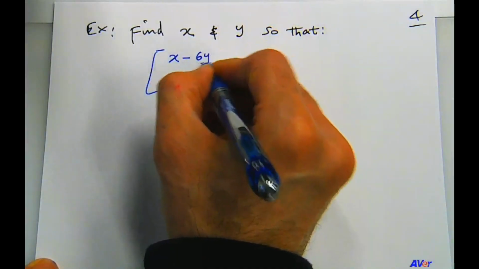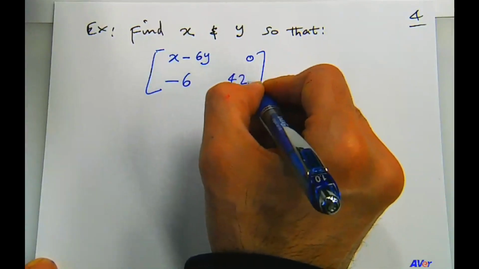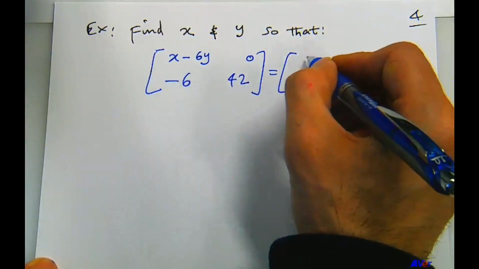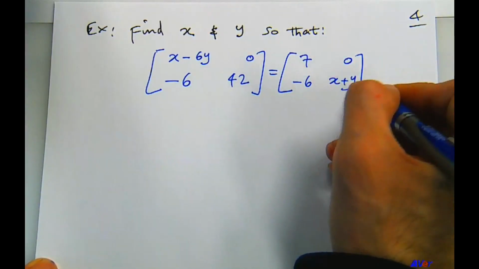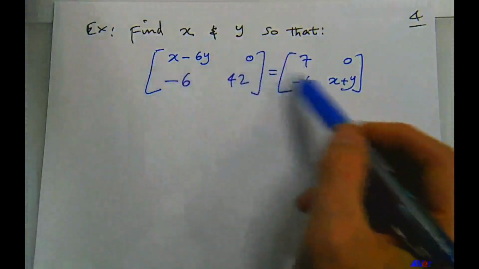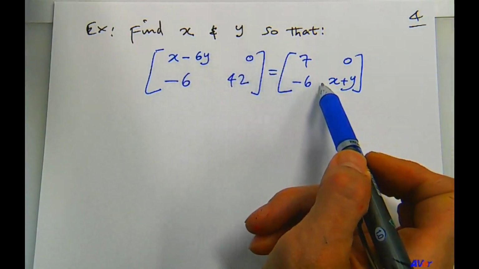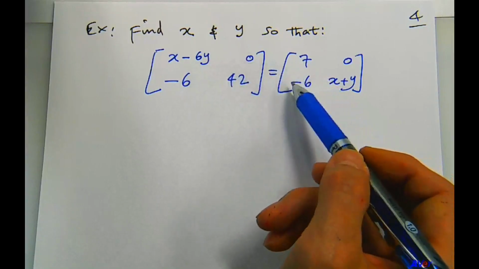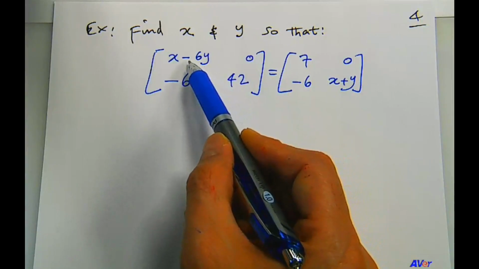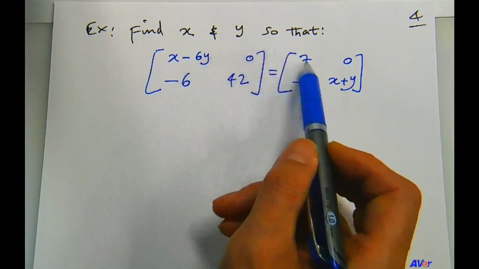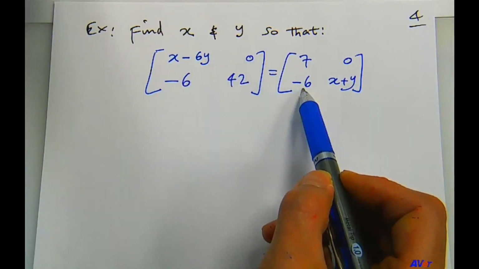So x minus 6y, 0, minus 6, 42. Our objective is to find x and y such that the 2 matrices are equal. If the 2 matrices are to be equal, their equivalent elements should be equal to each other. So 0 is equal to 0, minus 6 equals minus 6.